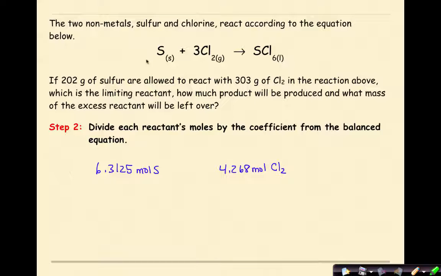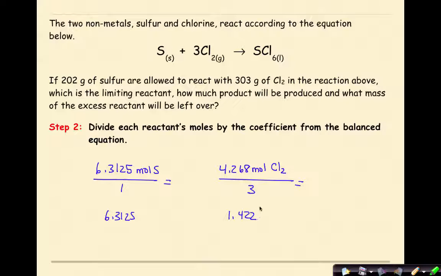The coefficient in front of the sulfur is 1, so that's just going to give us 6.3125. And the coefficient in front of the Cl2 is 3. So if I divide that out, it's going to be 1.422. Now I'm going to look at these two numbers and I'm going to say which one is smaller.